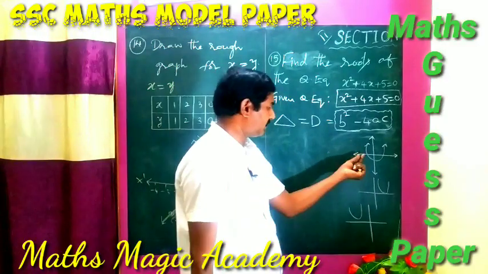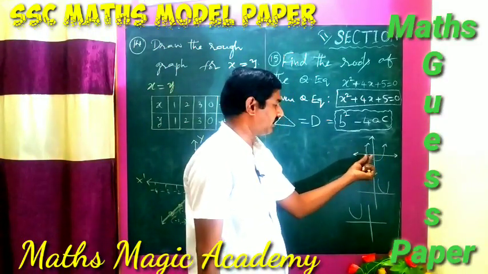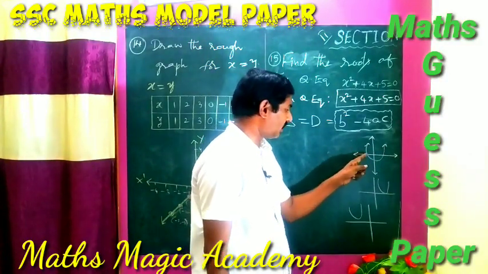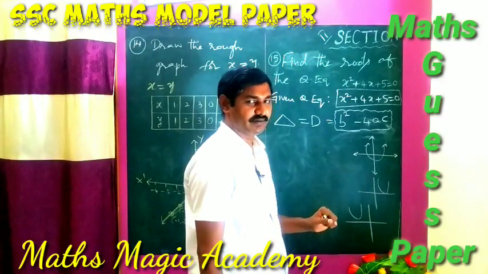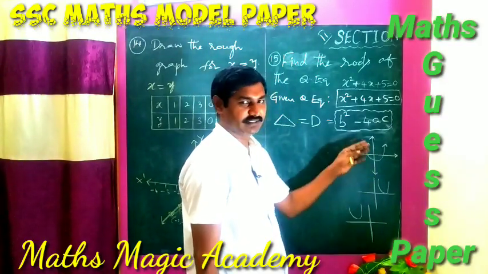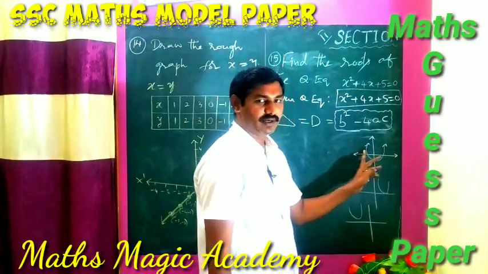Here you can observe that it cuts the x-axis 2 times. That means it is having two roots. The two are different roots, not the same. In the real plane, the roots are two, two different roots.